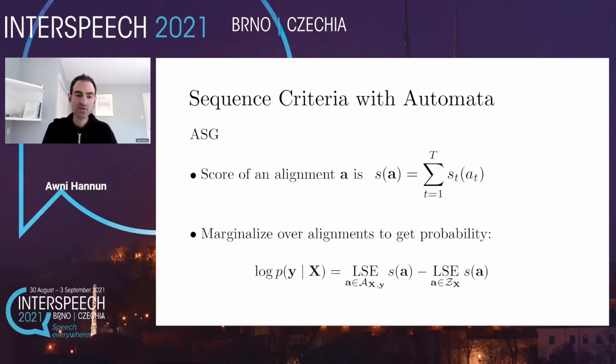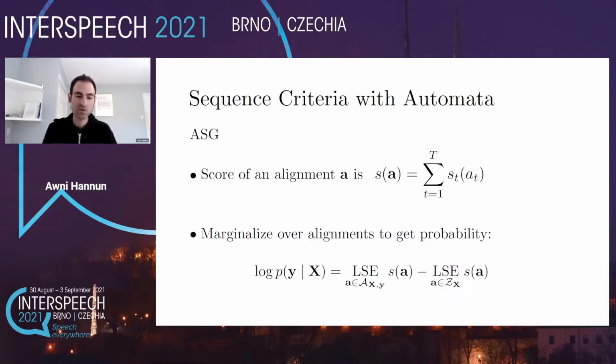And the key idea with ASG and CTC is that instead of computing the conditional probability of y given x by assuming a single alignment between them, we marginalize over all possible alignments that we've said are allowed. We have a set of allowed alignments, and we sum over all of them. That's what the first term represents in the conditional probability.